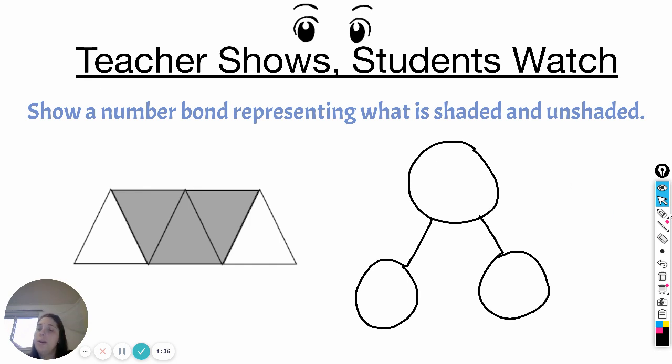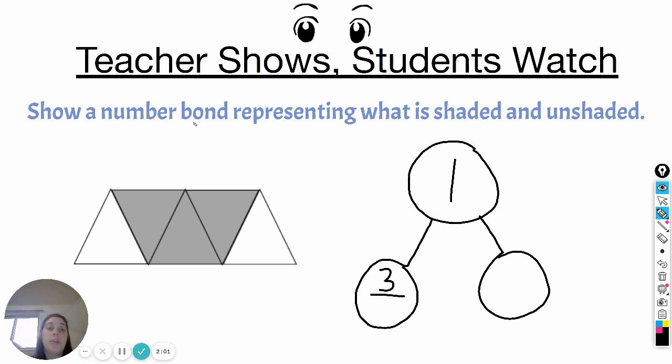So I start with my number bond. I'm going to go ahead and label this top piece as 1 for one whole. Now let's look at how many pieces I have shaded. I have 1, 2, 3 pieces shaded. So I'm going to go ahead and put a 3 in my numerator spot.